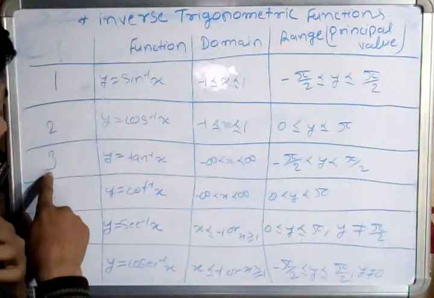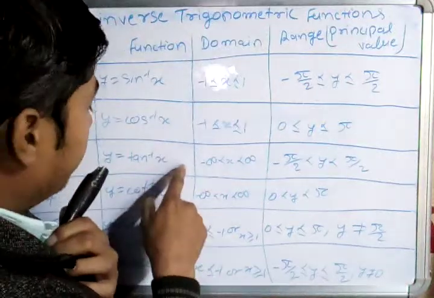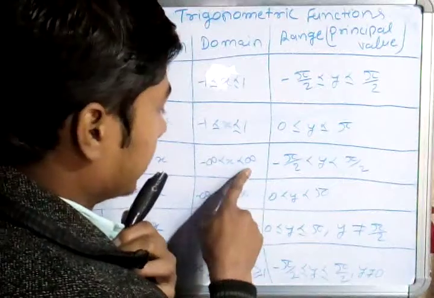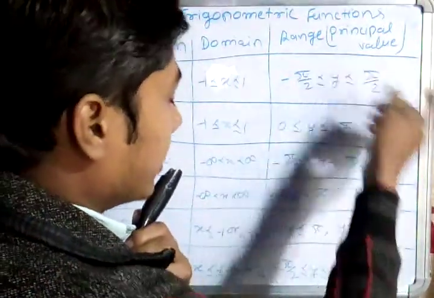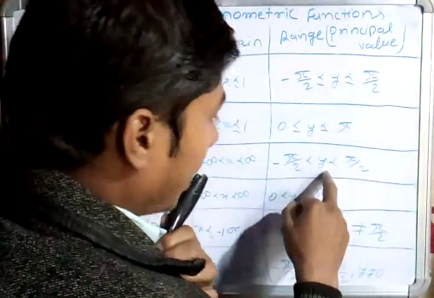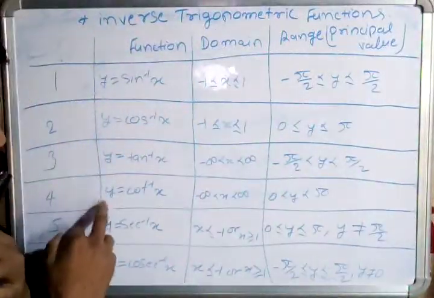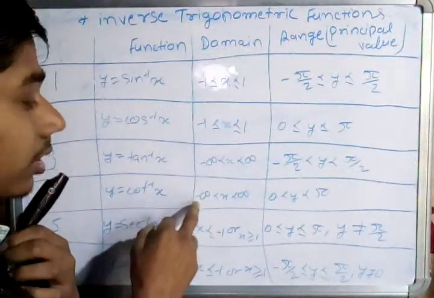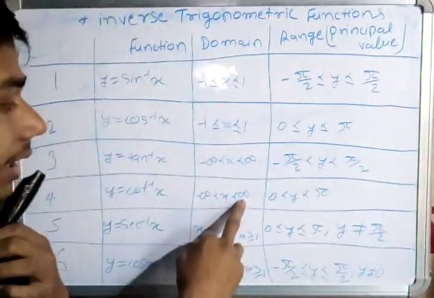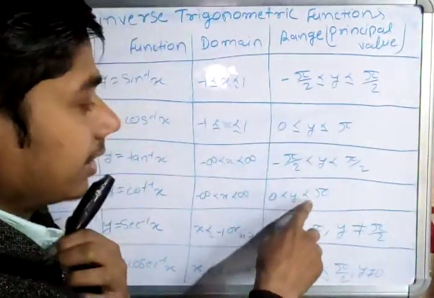Third, y is equal to tan inverse x: domain minus infinity less than x less than infinity, range, which we call the principal value, minus pi by 2 less than y less than pi by 2. Next, y is equal to cot inverse x: domain minus infinity less than x less than infinity, and range 0 less than y less than pi.